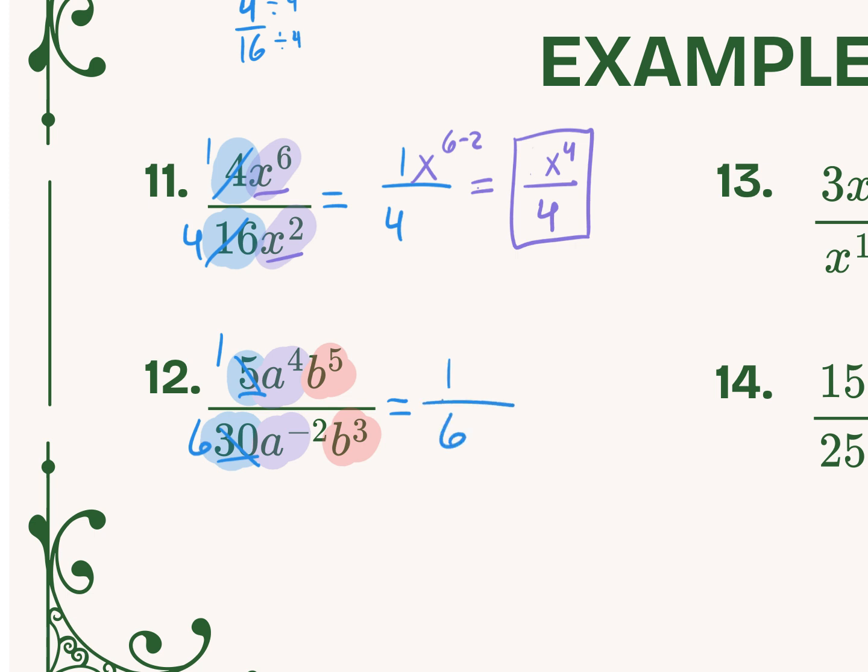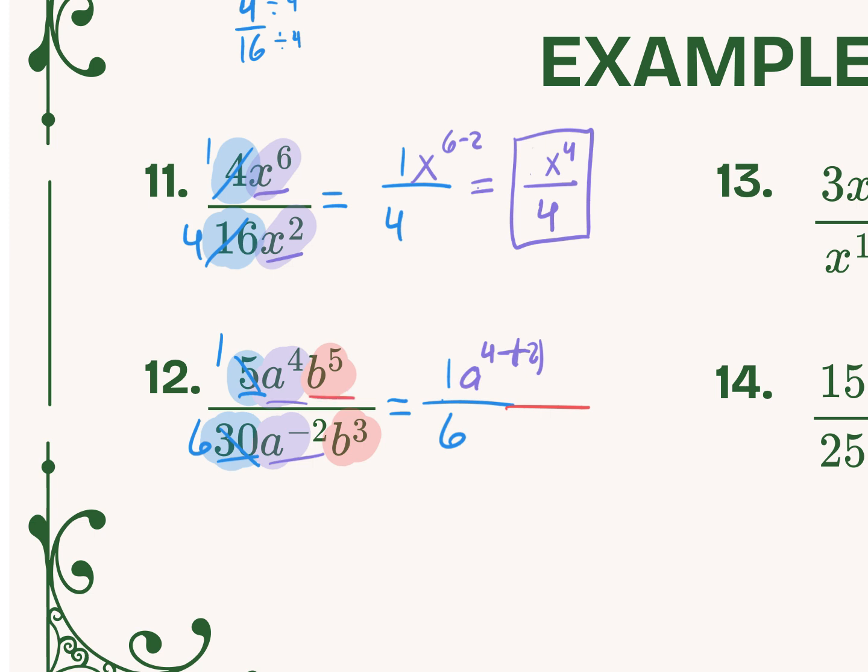And then with my a's, a to the 4th divided by a to the negative 2, I'm going to subtract the exponents. So I get a to the 4 minus negative 2, right? Minus a negative is going to get you a big plus, right? So 4 plus 2 is going to get you to the power of 6, but I'll write that in the final answer.